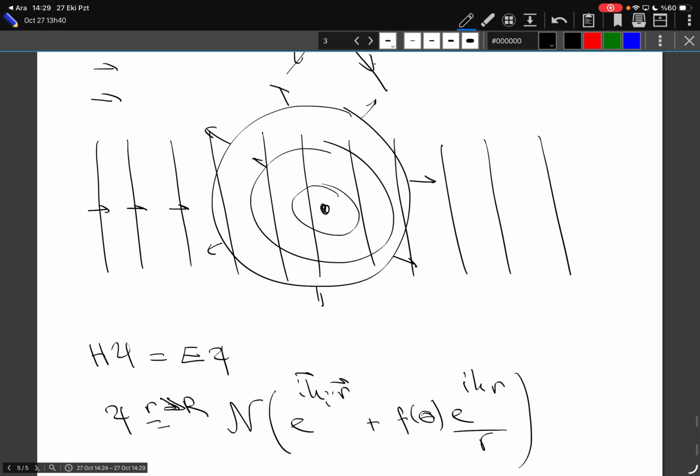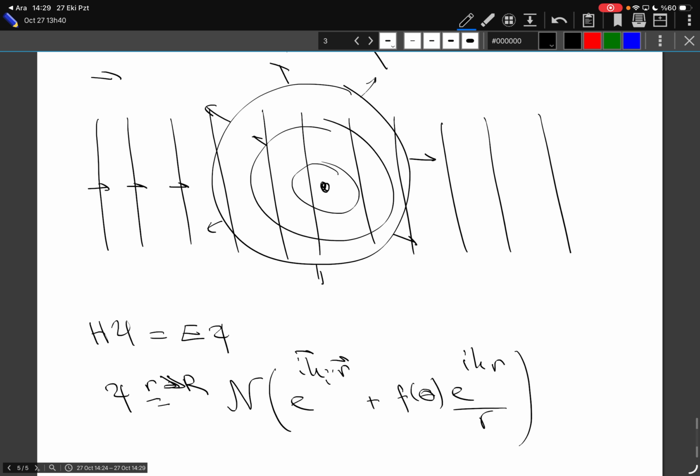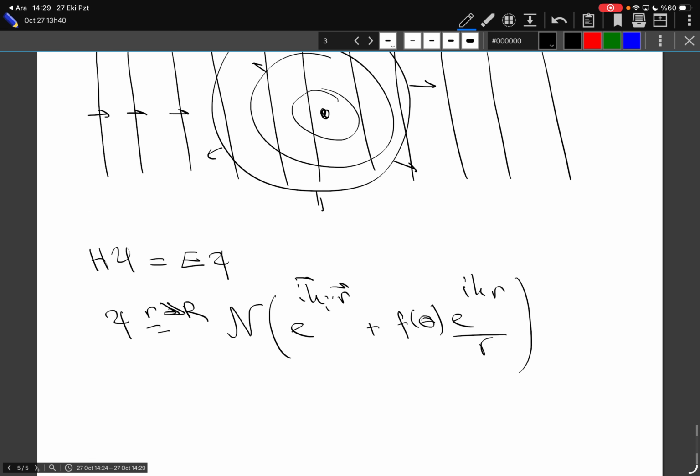This is what we are looking for. This is the boundary condition for my solutions. And dσ/dΩ, if you calculate the flux, etc., turns out to be |f(θ)|².